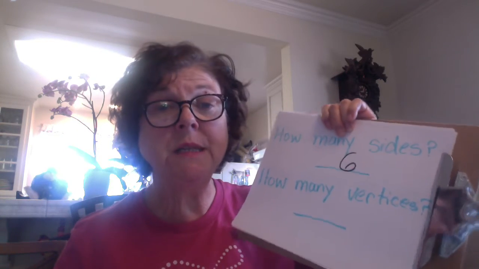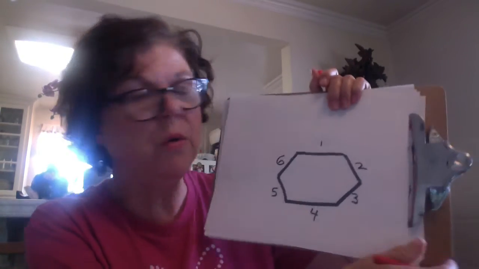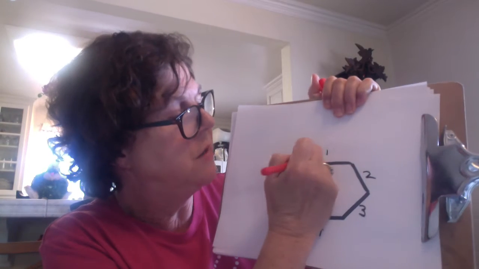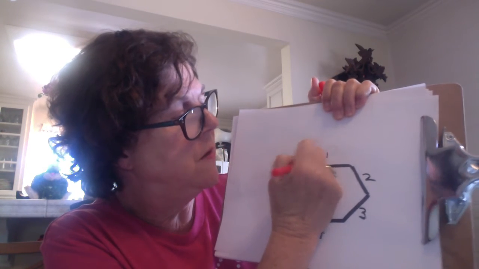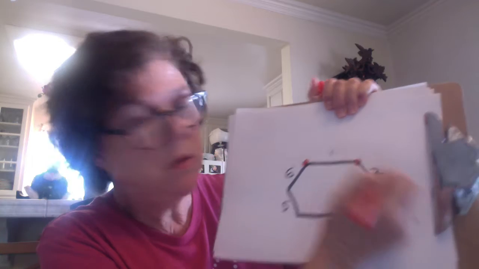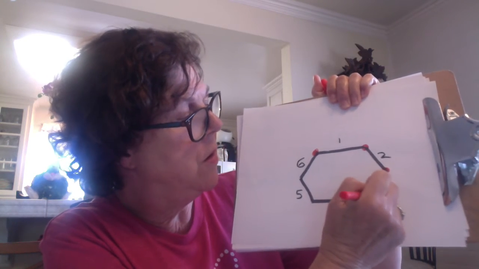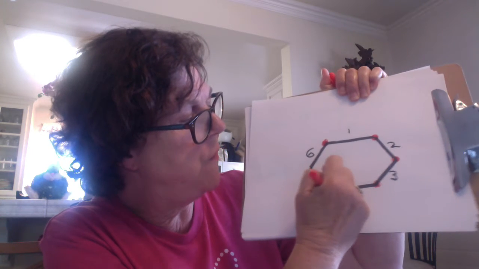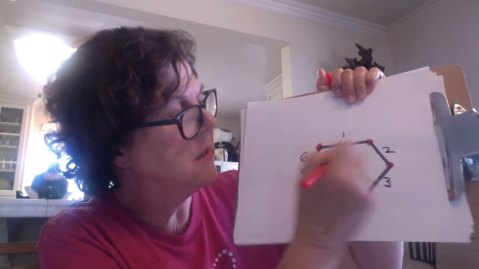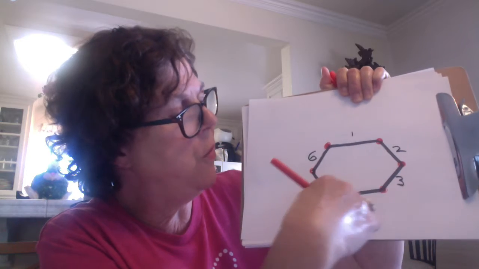How many vertices? Remember, vertices are the points. So I am going to use a different color here so we can really see the points. Remember, the points are the corners where the two lines meet. So it has 1, 2, 3, 4, 5, 6.